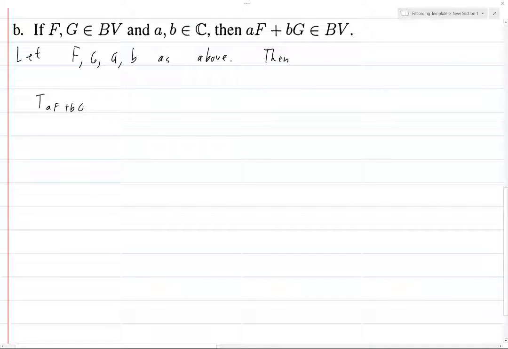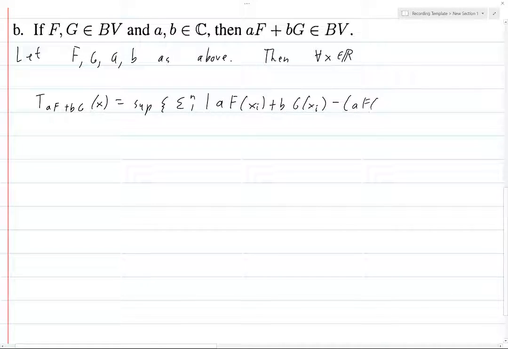For all x in R, this is going to be equal to the supremum over all sums from 1 to n of a f(xi) plus b g(xi), and now we subtract a f(xi minus 1) plus b g(xi minus 1).